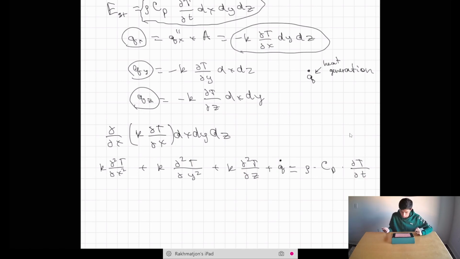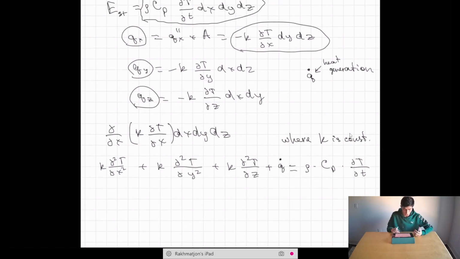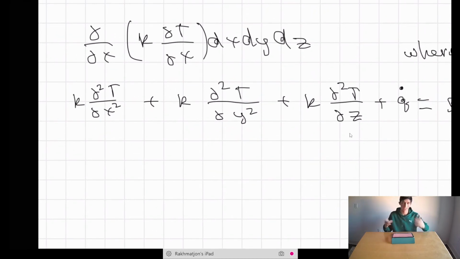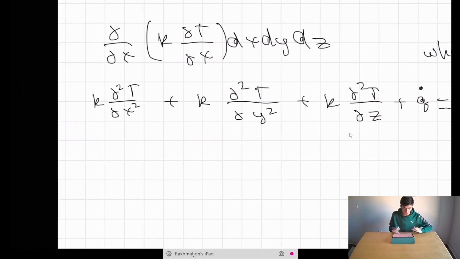The next thing we can do is divide everything by k, just for simplification, where k is constant, because usually if we consider a different case, our example would be very difficult for the calculation. So we're going to consider that k is constant and divide everything by k.